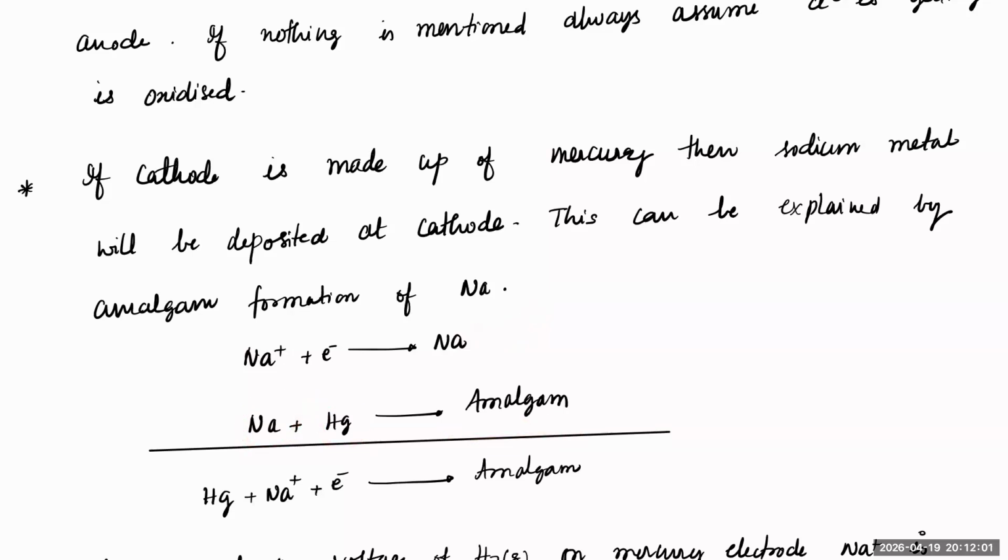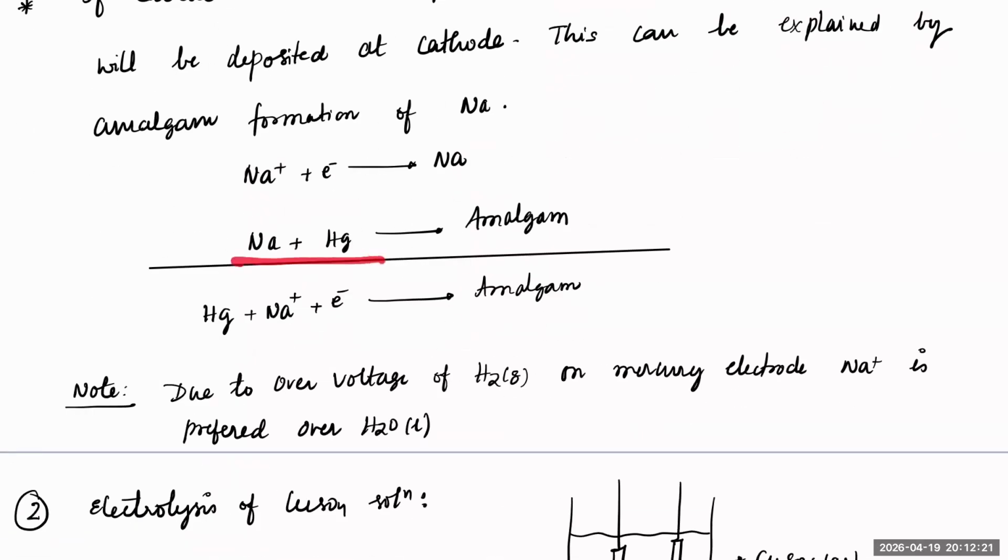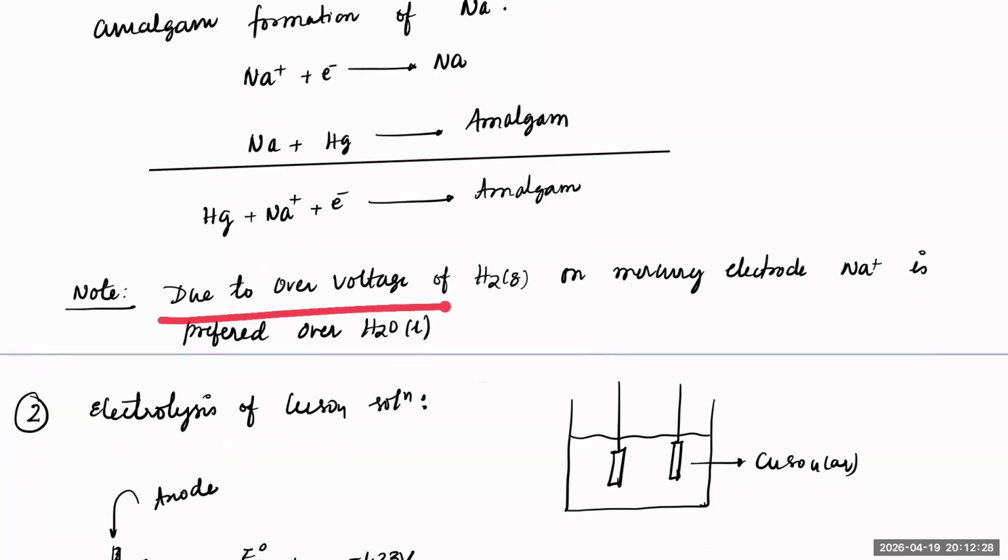Water's affinity towards mercury is very less. Those E naught values we have written are only with reference to the standard hydrogen electrode, SHE. But with respect to mercury electrode, it is different. Sodium has more affinity and forms amalgam more easily. So due to overvoltage of H2 gas on mercury electrode, Na plus is preferred over water.